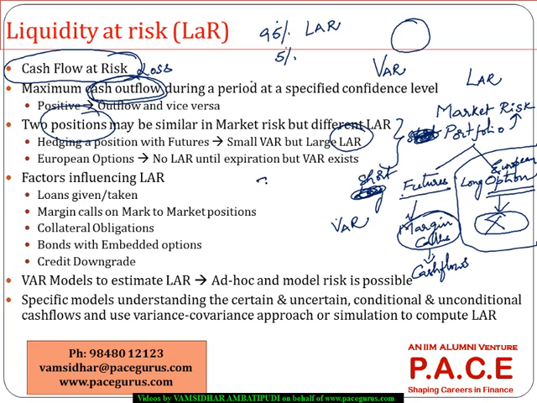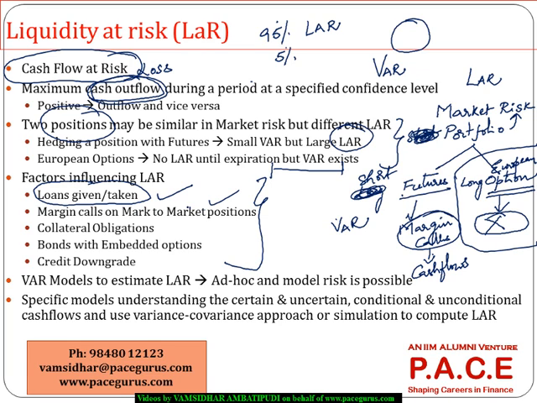So wherever there are some kind of intermediate cash flows possible in any kind of transaction, we are getting exposed to LAR. Any kind of loans given or taken where some kind of cash flows might happen during the holding period, cash inflow or outflow happening during the holding period, and if the company's position is not sufficient enough to pay those cash flows, that is where the liquidity is getting decreased and liquidity at risk is increasing.